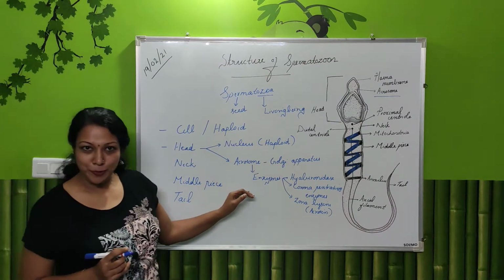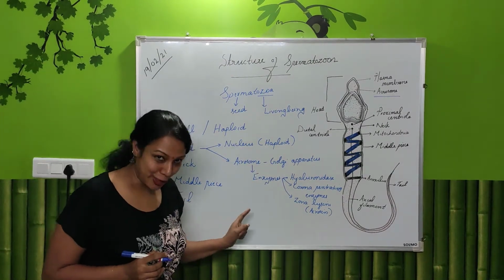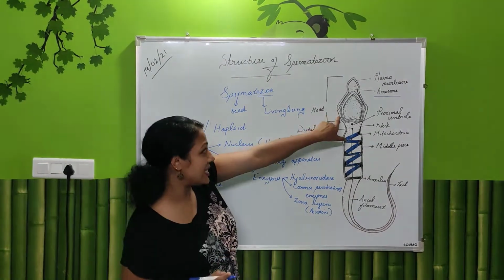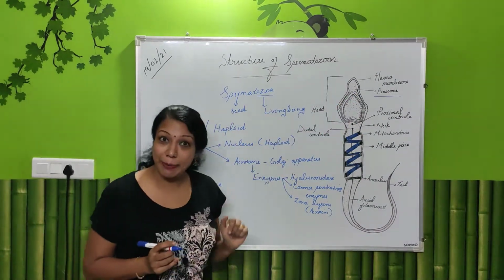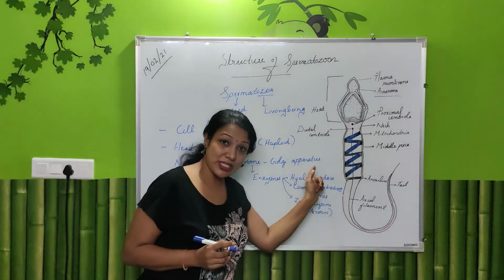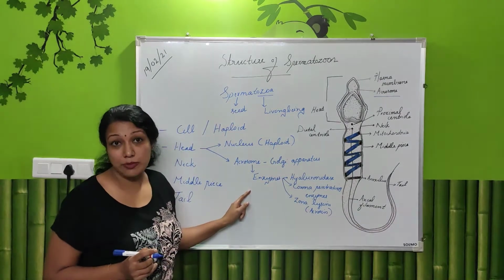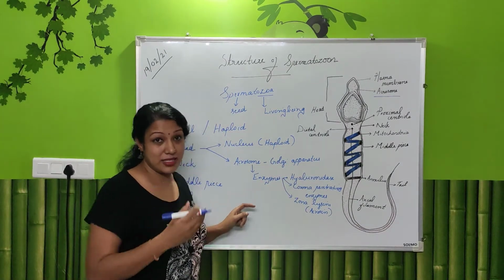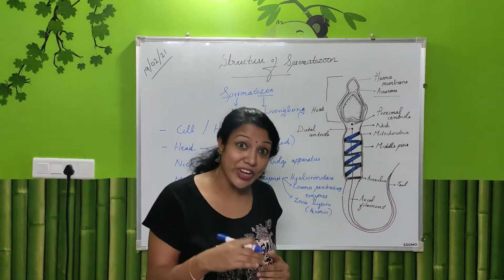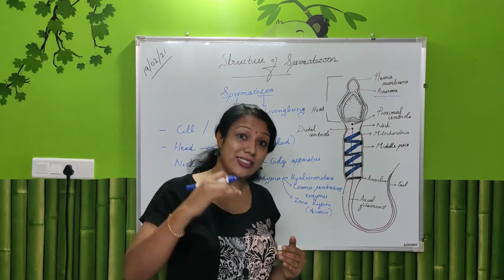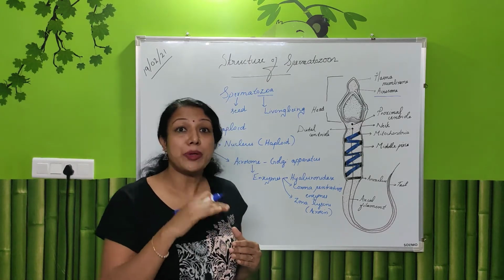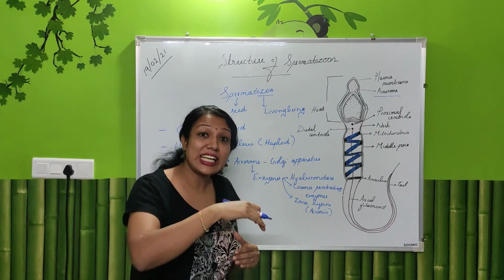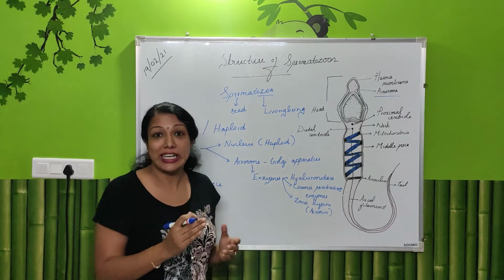So I told you about acrosome. Acrosome is present above the nucleus. It's a modified Golgi apparatus. This is an important NEET question. It possesses enzymes, called sperm lysins, which are required to penetrate the egg so that the male pronucleus can enter inside the egg for fertilization.